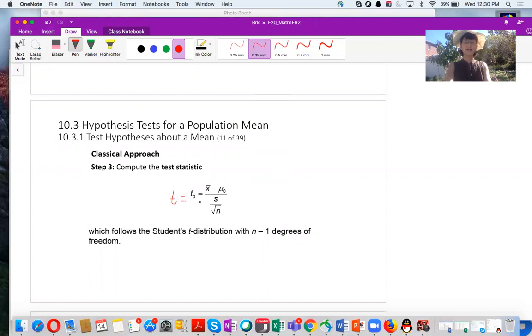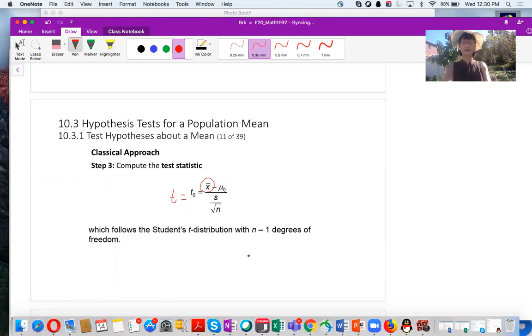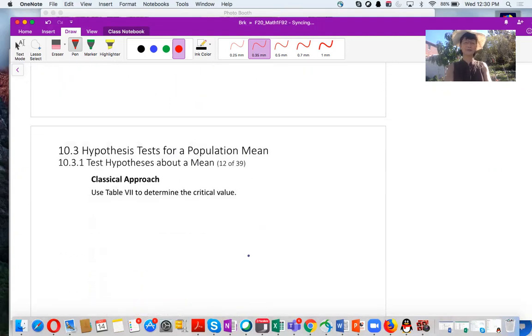The T statistic equals the sample mean X bar minus the hypothesized population mean mu0, divided by the sample standard deviation S over the square root of the sample size. So this is step 3, calculate the test statistic.